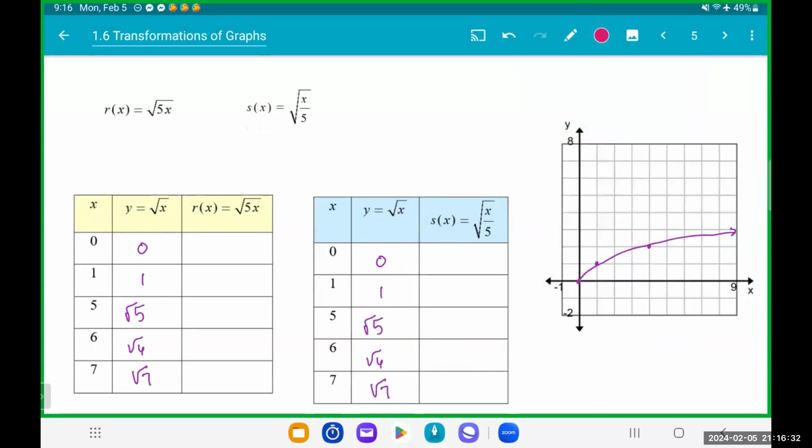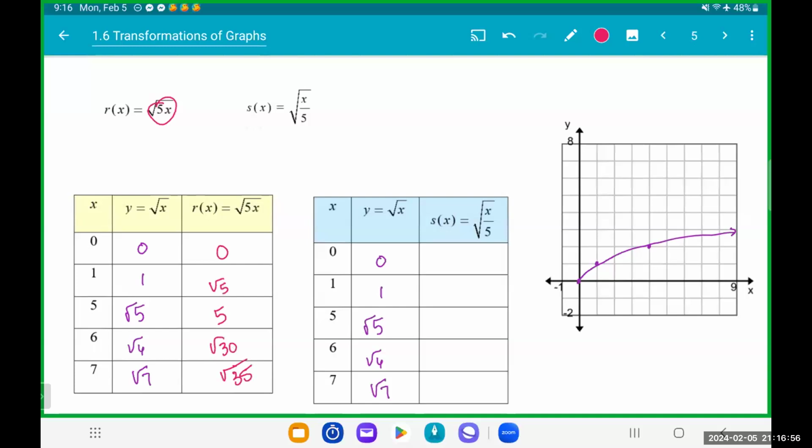Okay, so the first one, we have the 5. It's 5 on the inside. So now we're looking at horizontal stretching or shrinking. And so this is going to be 0, square root of 5, 5, square root of 30, square root of 35, if we just strictly do the math of it.